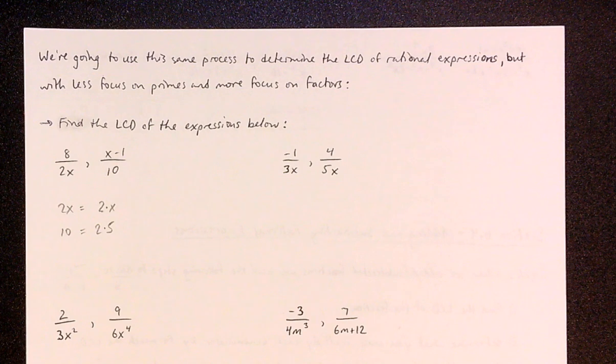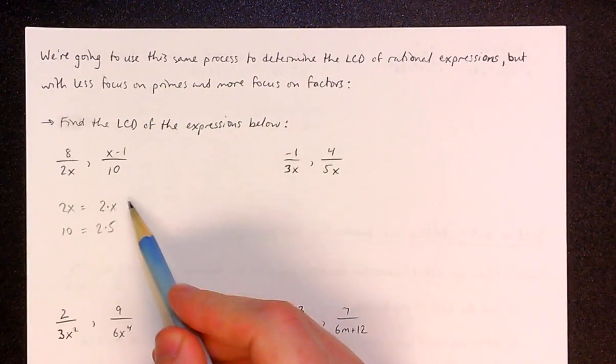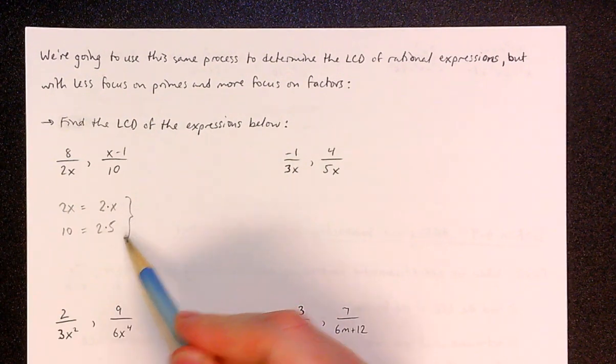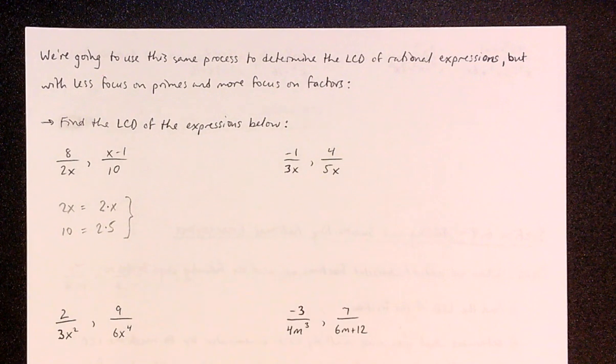So that's good. So now we've broken each of these denominators down into things that you can't break down any further. So now let's look at what are the things showing up in either of these guys and how many times should they be included in our LCD.